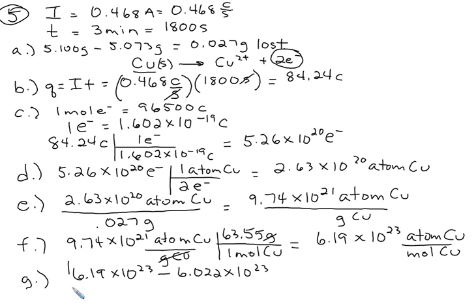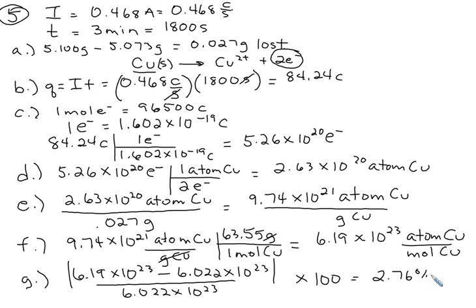And it's the absolute value of the difference divided by what it should be, 6.022 times 10 to the 23, and all of that is multiplied by 100 to get a percentage, and you get 2.76% error, which tells you how far off you were from the real number.